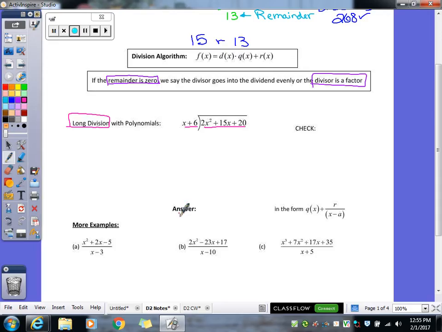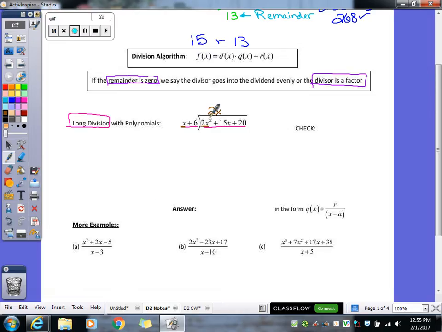So you look just at your x out in front, and then you look at your first term underneath the division sign. You have to ask yourself, how do I make an x into a 2x squared? What would we multiply it times? 2x. So I put my 2x up top. That's going to be part of my quotient.